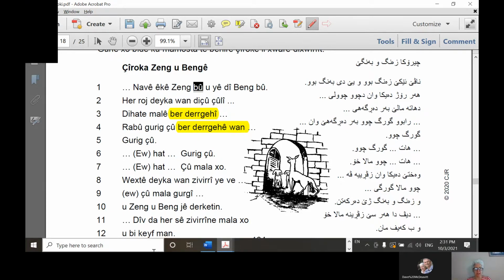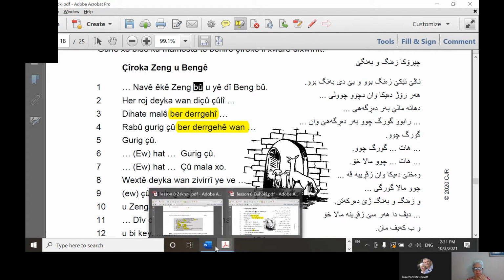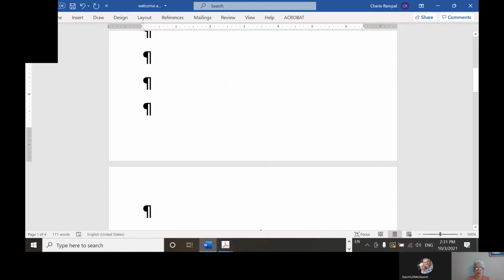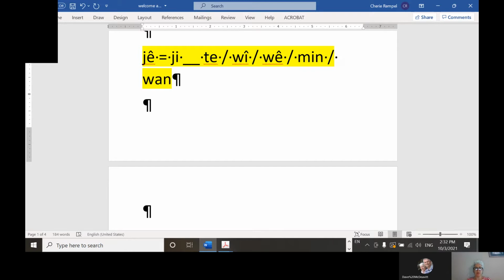Another prepositional phrase is je. Je comes from, type this up for you. Je comes from something. So it could be jeta, jewi, jewe, jimin, jewan, anything like that.